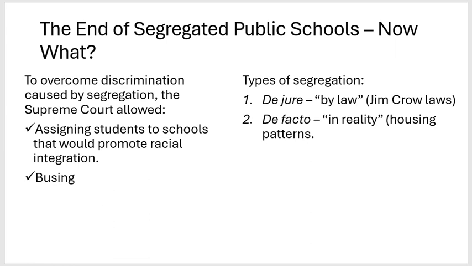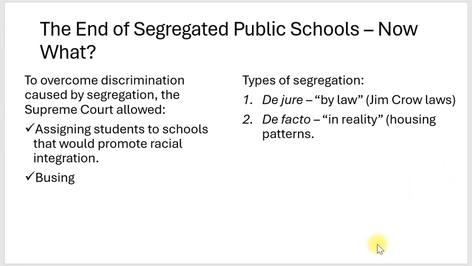Okay, so there are really two types of segregation. Segregation by law is known as de jure segregation. So these are the Jim Crow laws, the laws that were specifically designed to limit African Americans and their rights. Then there is this de facto type of discrimination, which means in reality. So, for instance, think of where you went to high school. Chances are it had one race more than another race, but really the reason it did so was because of housing patterns, just where people lived.